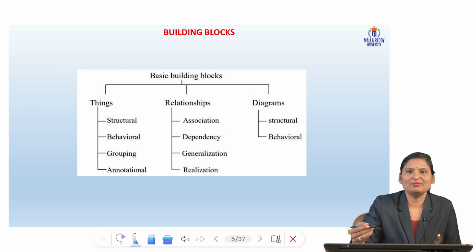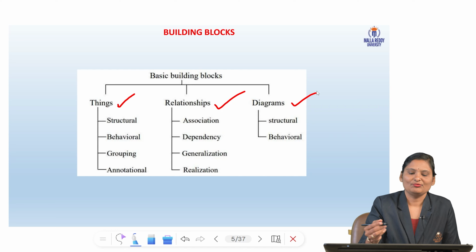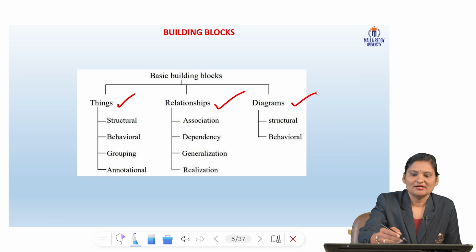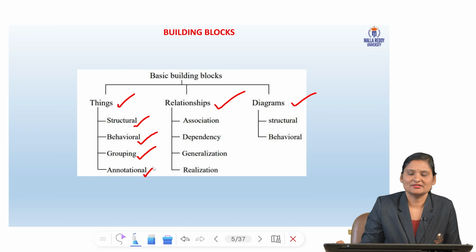Here the basic building blocks are considered with three specifications. First one is things, second one is relationships, third one is diagrams. Together these show the specification of UML. Things consist of four aspects: structural things, behavioral things, grouping things, annotational things.